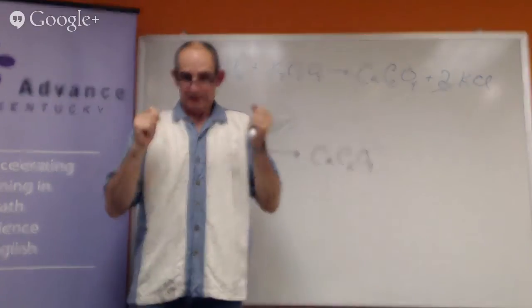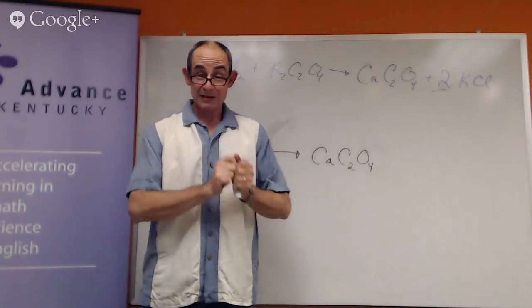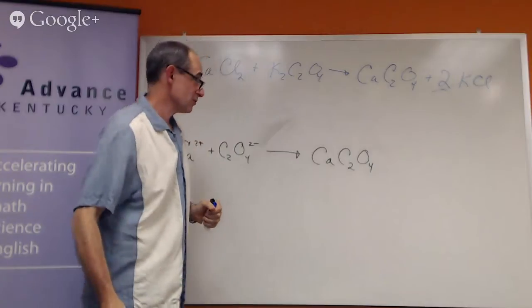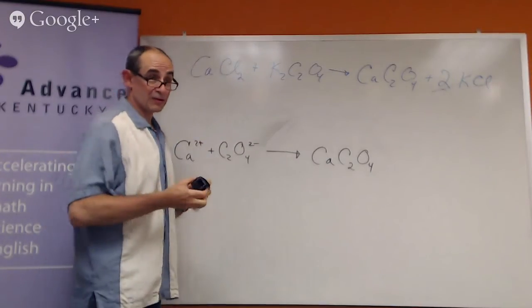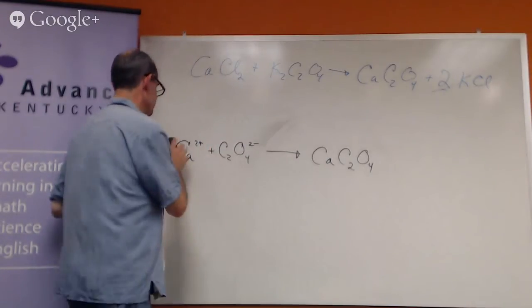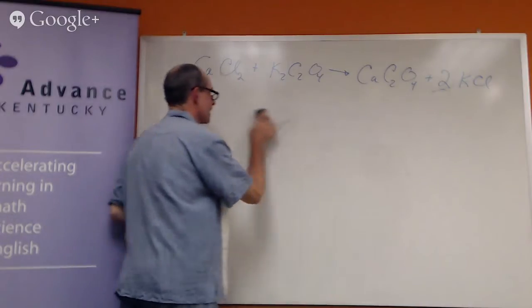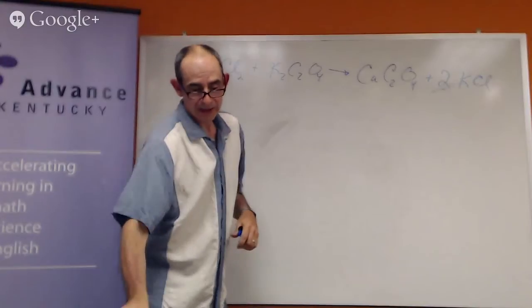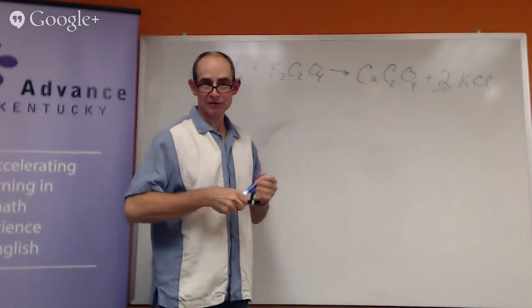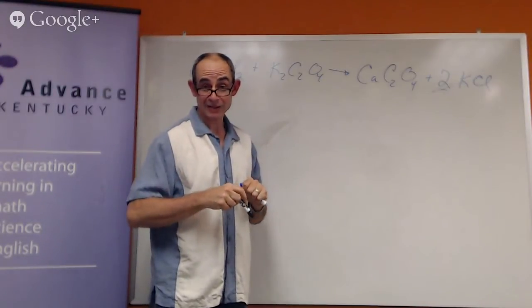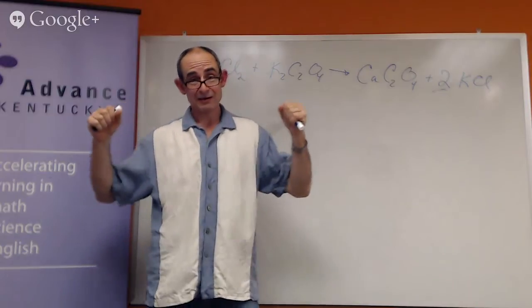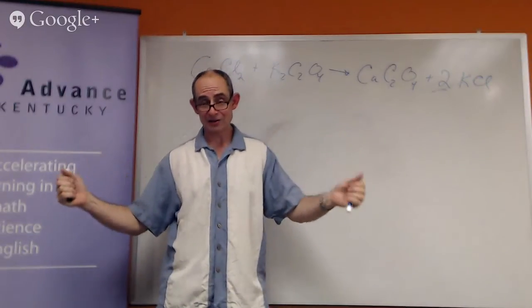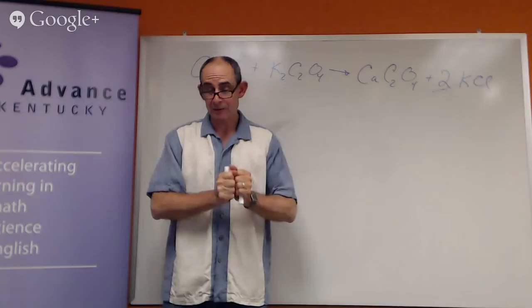So net ionic equations don't have to be complicated. In fact, students who don't get credit for these are usually writing more than they should. When you've done a few of these for practice, and we'll see one more in a little bit, the general schema for precipitation reactions is that the dissociated ions come together to form the insoluble precipitate.